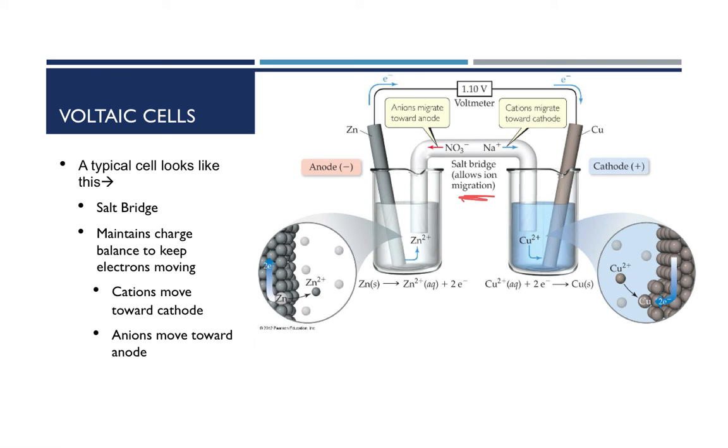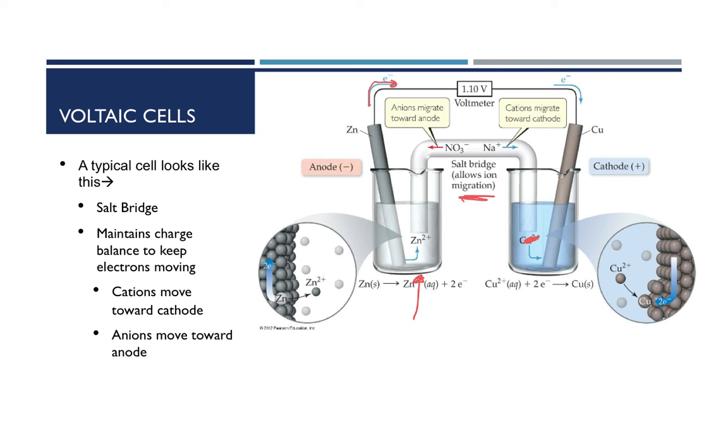As soon as the electrons go away from the zinc side, you're left with an excess of zinc positive ions, so this solution gets a positive charge buildup. On the other side, the electrons come in and start removing the 2+ ions there, which creates a positive ion deficit, or a buildup of negative charge.